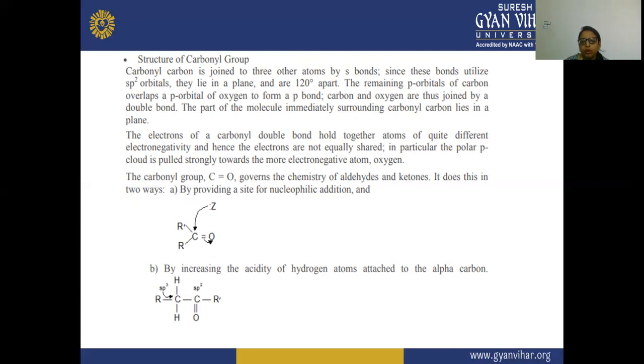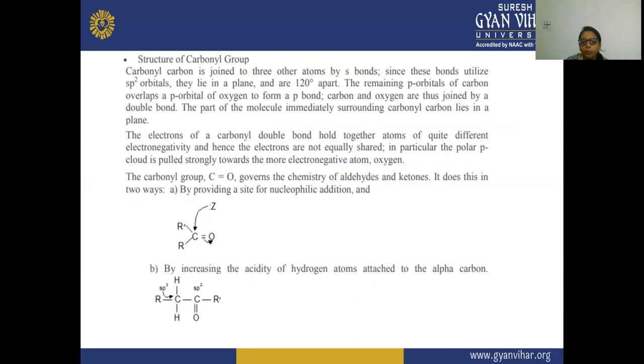So the carbon and oxygen are joined by a double bond, one sigma bond and one pi bond.